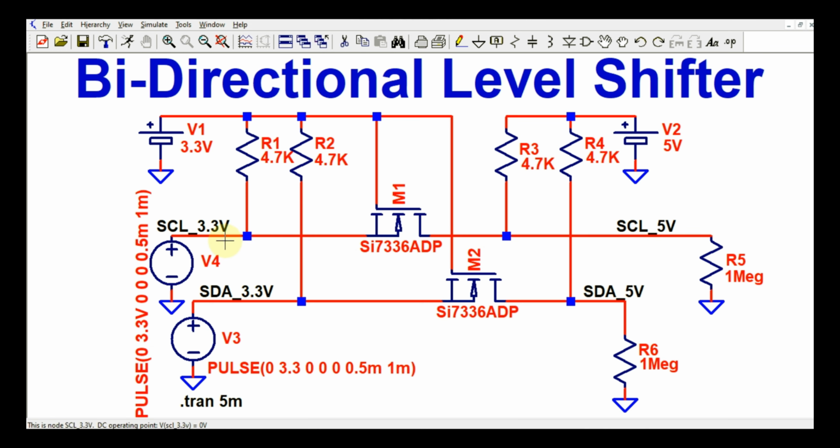Let us say you have two clock lines. The logic level for this side is 3.3 volt and the logic level for this side is 5 volt. For our simulation purpose, I use serial clock 3.3 volt and serial data 3.3 volt, and for the demonstration I use two voltage sources with a logic level of 3.3 volt.